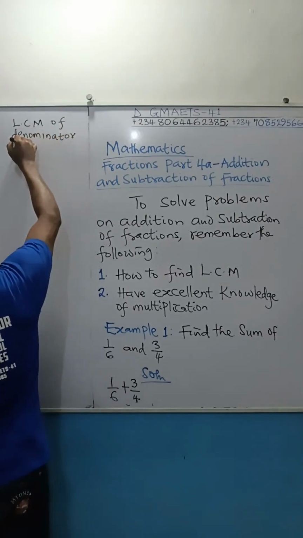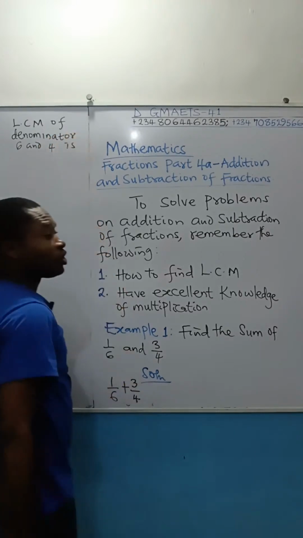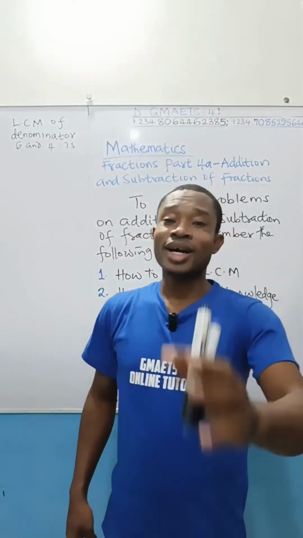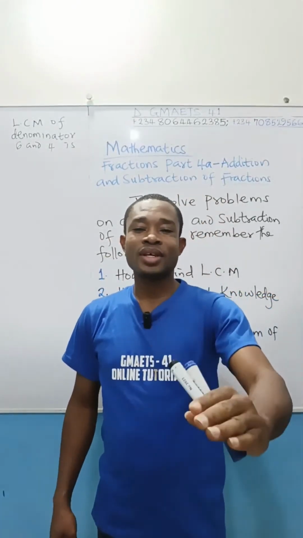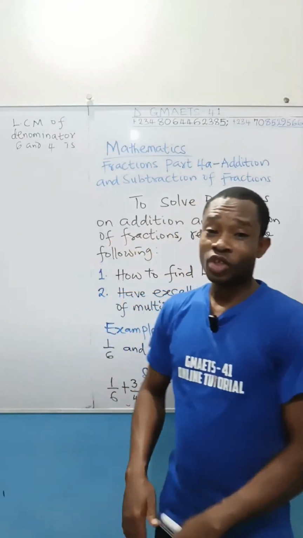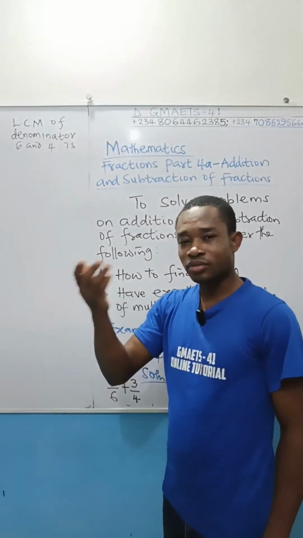The L.C.M. of the denominators 6 and 4. For you to get the L.C.M. of numbers, what is the fastest way to do that? Multiply the numbers together, then divide by their highest common factor. I've taught you highest common factor, HCF, at basic level.